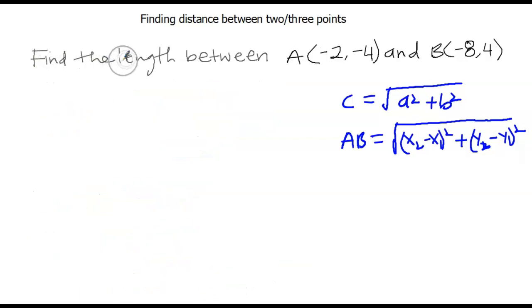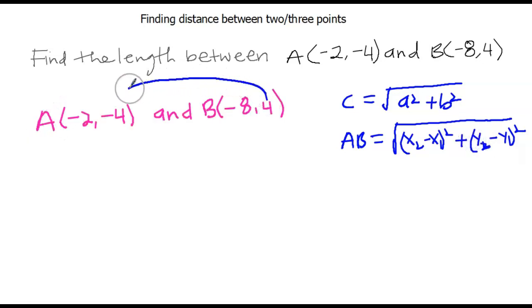Okay, we have been asked to find the length or the distance between the point A at -2, -4, and B at -8, -4. We have our formulas here. For the point A, we are connecting the y to the y and the x to the x. Here we can start from the bigger ones.